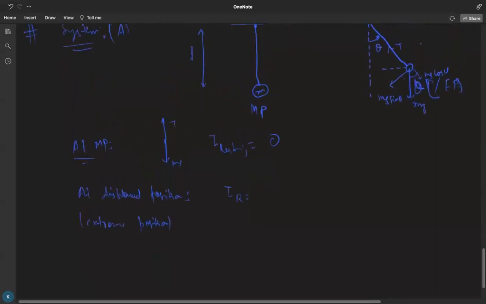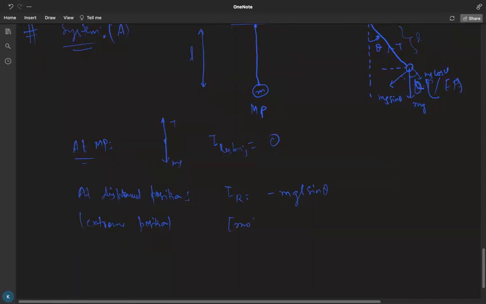This whole length is L. So it is mg L sin theta, and it is acting in this direction. So you can write torque is equal to minus mg L sin theta, right?